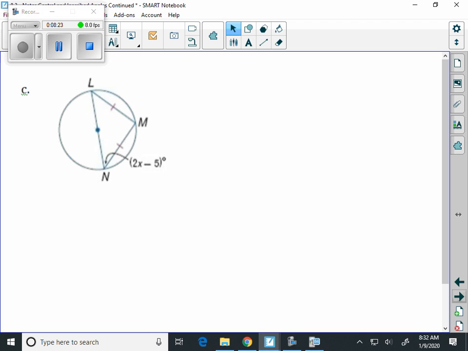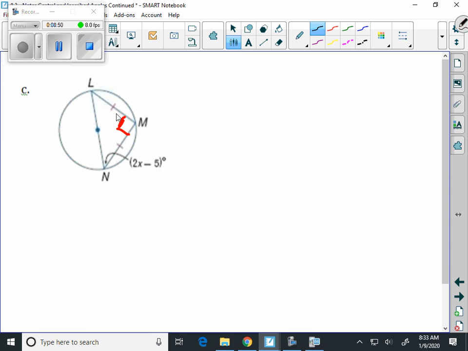Letter C. And we're still talking about the fact that an angle inscribed in a semicircle is always 90 degrees. And again, if you know that, you don't have to figure it out. Angle M is 90 degrees. So that might be helpful. There's something else that's helpful in here that didn't show up maybe as well on your notes as I would have liked.